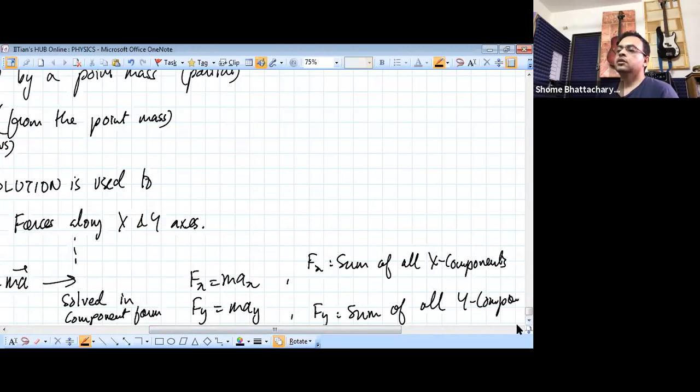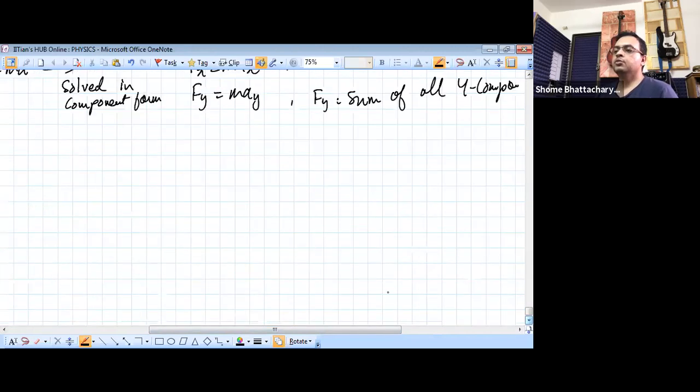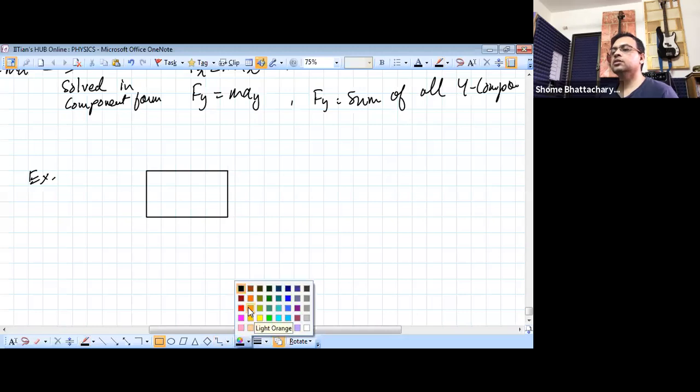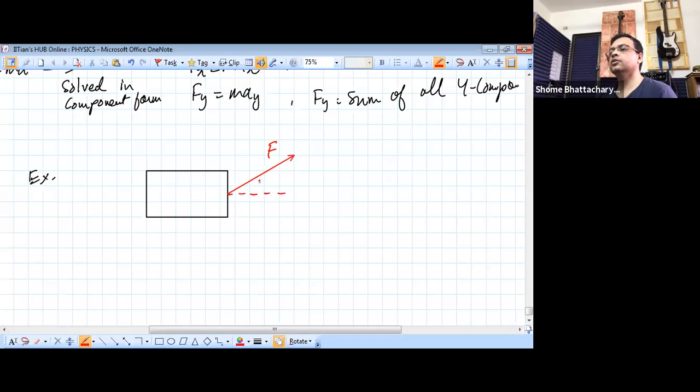Okay. So I'll take you through the method once more. For example, we had done that question where we showed on this block there was some force acting like this, suppose. In that example we had done, ये force ऐसा act कर रहा है such that it's making an angle theta with the horizontal.